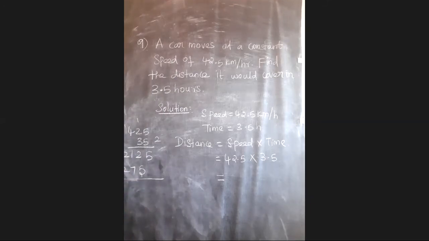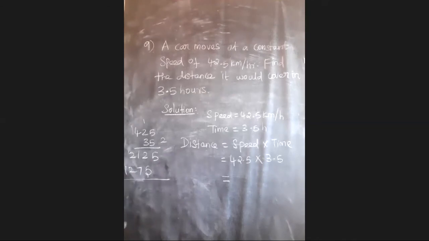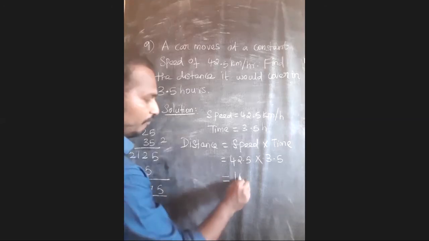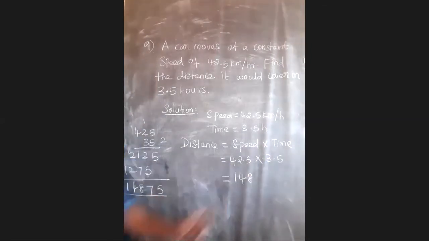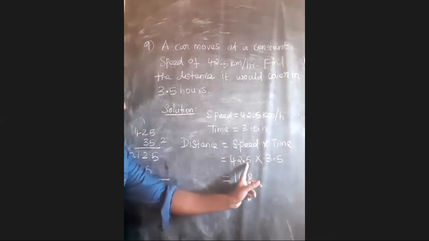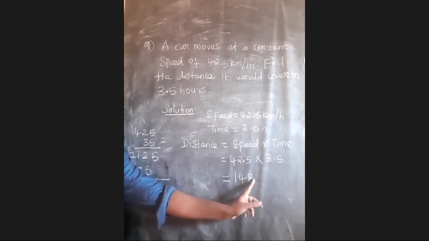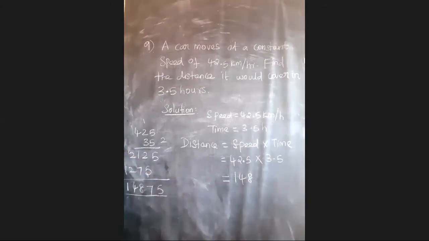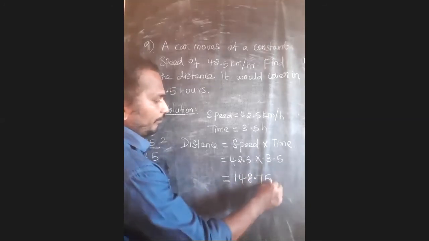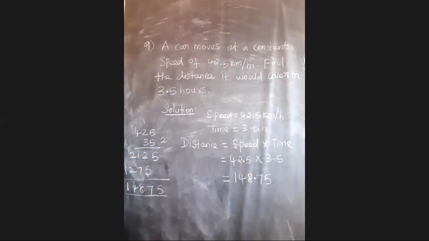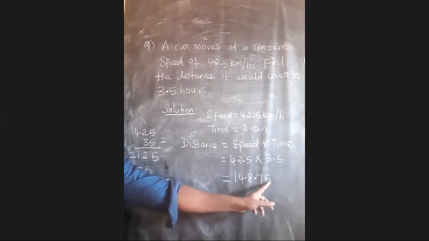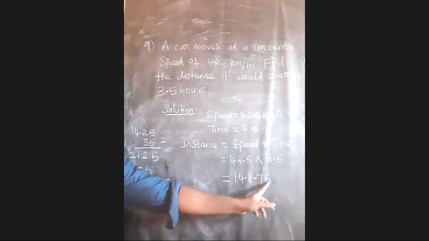Here you will get 5, 7, 8, 4, 1. So 148. Since we have one decimal point in this number and one decimal point in the other number, in our result we have to keep two decimal places.